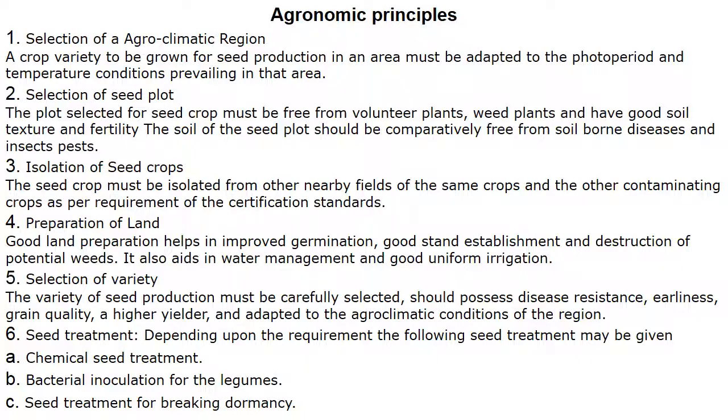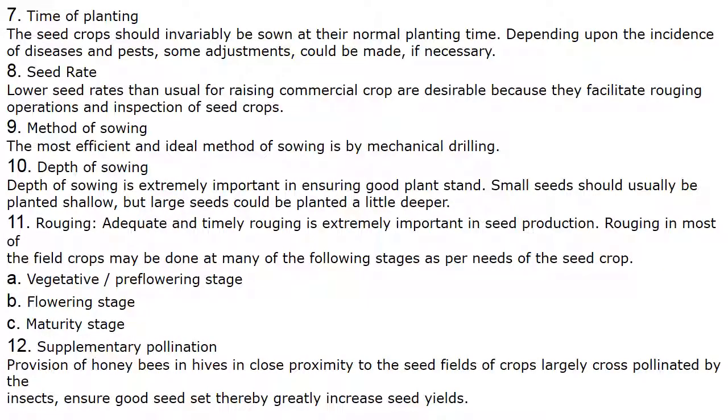First one is chemical, second one is bacterial inoculation for legumes like rhizobium treatment, then seed treatment for breaking dormancy. Time of planting. The seed crops should invariably be sown at their normal planting time. Depending upon the incidence of disease and pest, some adjustments could be made if necessary.